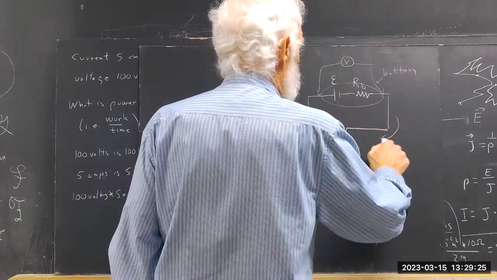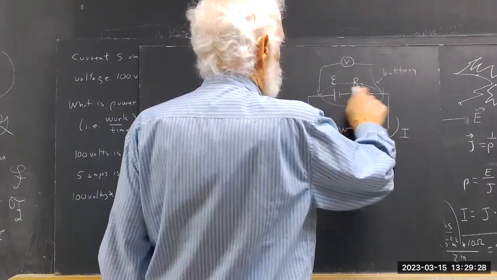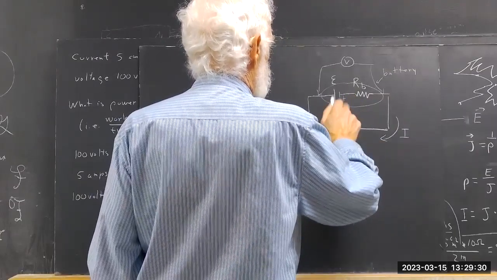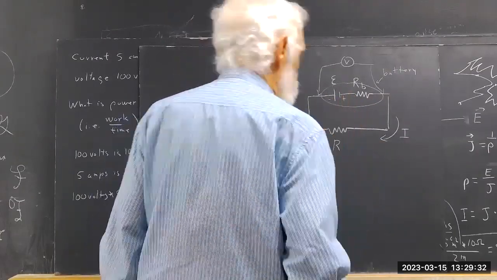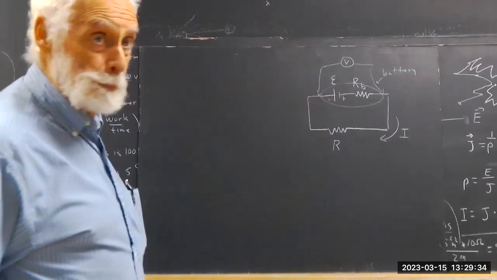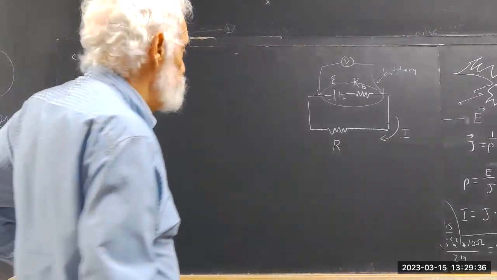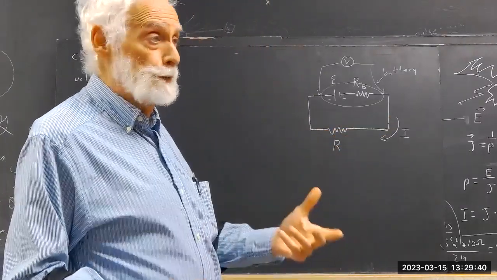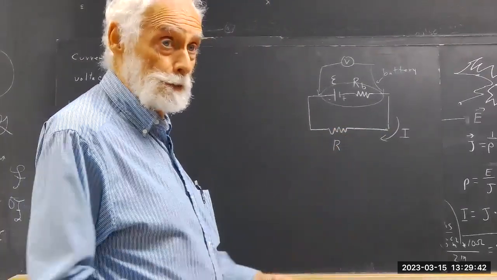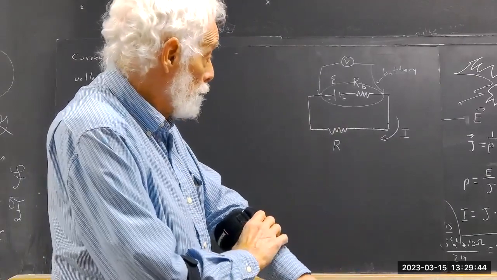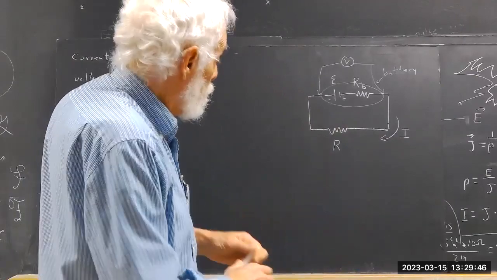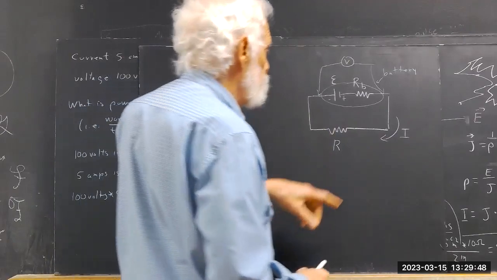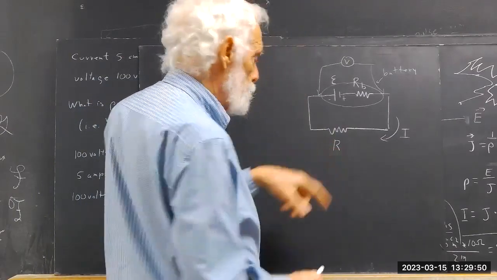Current is in this direction, goes from positive to negative. This is positive. That one's positive, that one's negative. The current goes this way. We assume that the wires have negligible resistance. They're thick enough and they're good conductors. What's the voltage across this resistor?